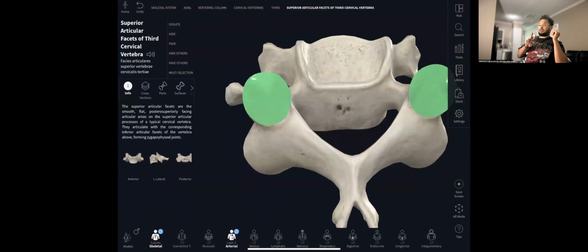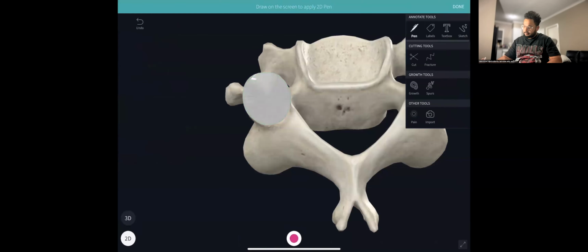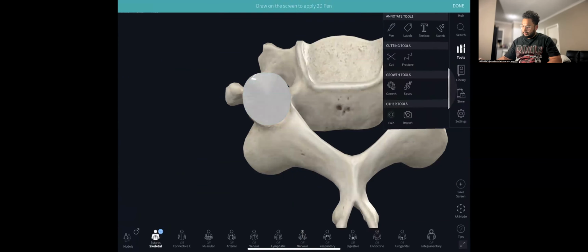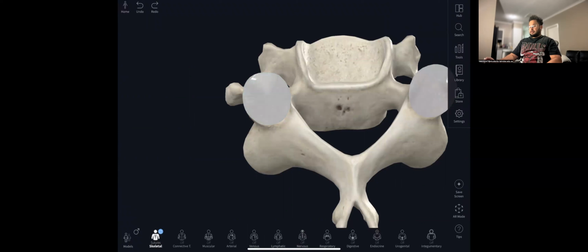So we have two intervertebral joints. One is anterior, one is posterior. The anterior one will be body to body. The body will be here. And the posterior intervertebral joint will be facet to facet.